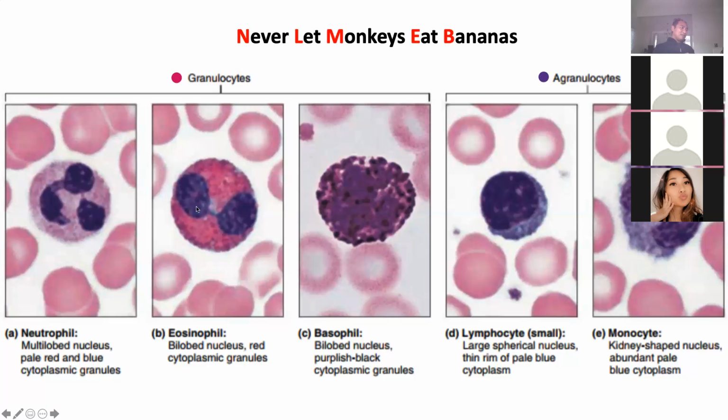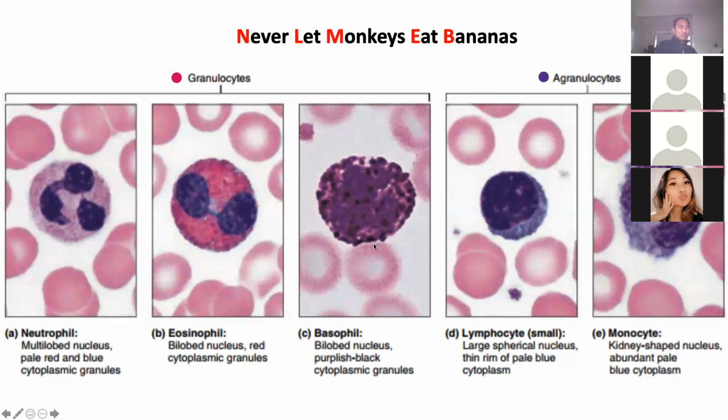Look at the cytoplasm. There are granules, which is a little bit more convincing. This is a granulocyte, and the cytoplasm is pink or red, with a bilobed nucleus. That is what we call eosinophil.